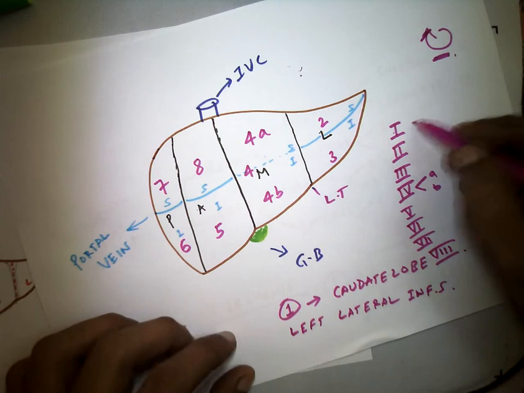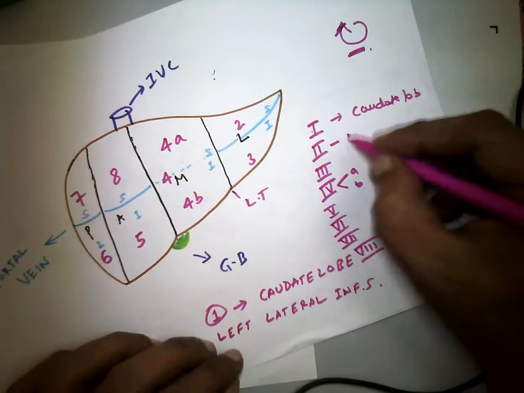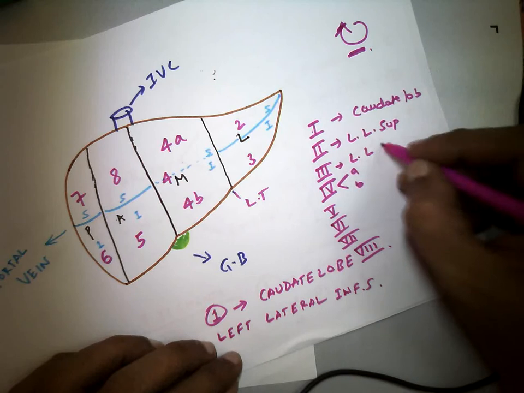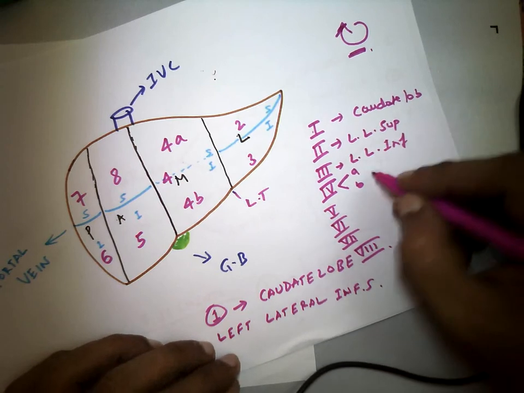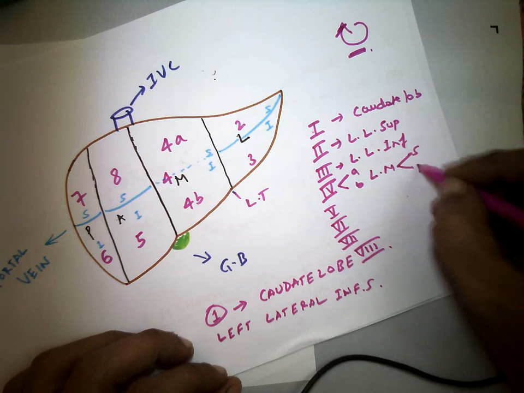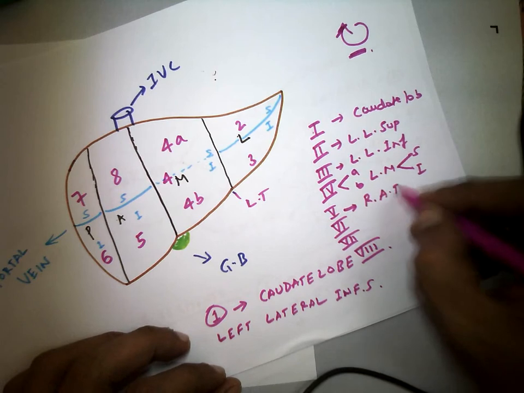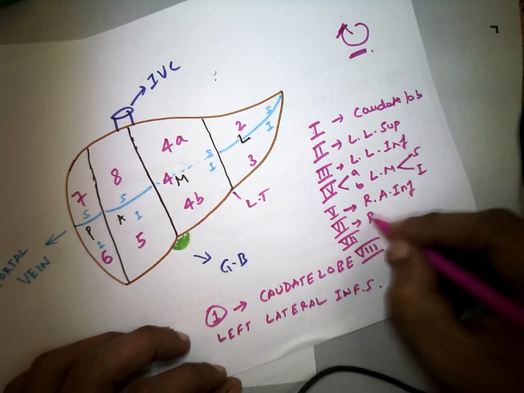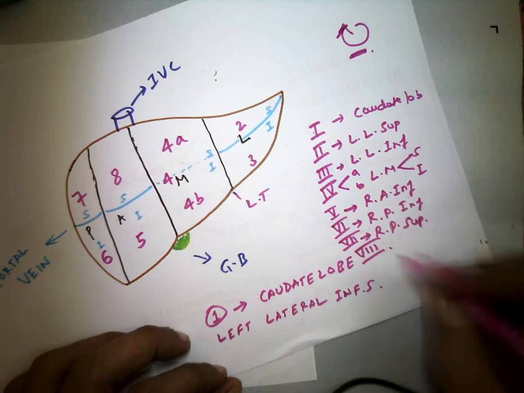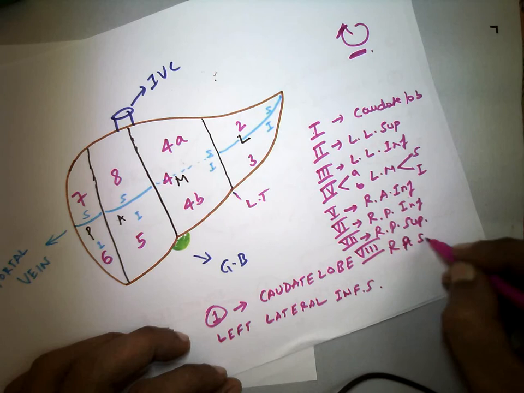So the first one is caudate lobe, second one is left lateral superior, third one is left lateral inferior, 4a and 4b together we call it left medial. 4a is superior and 4b is inferior, and 5 is right anterior inferior. 6 is right posterior inferior, 7 is right posterior superior, and the 8th one is right anterior superior.